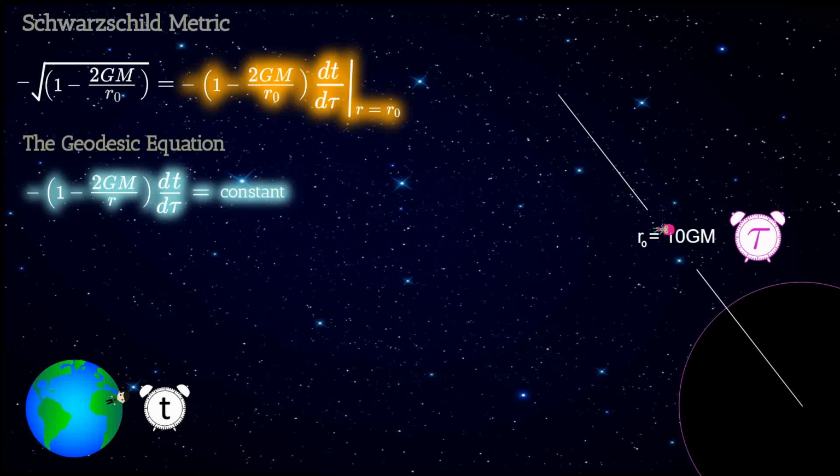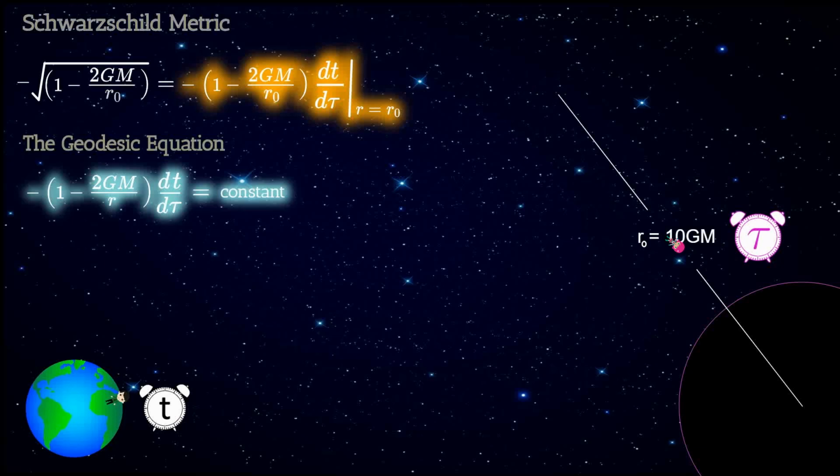So if negative 1 minus 2GM over r dt by d tau equals negative the square root of 1 minus 2GM over r naught when Stella is at r equals r naught, it remains equal to this value for all r that Stella falls through. Therefore, the constant in the equation below is negative the square root of 1 minus 2GM over r naught.